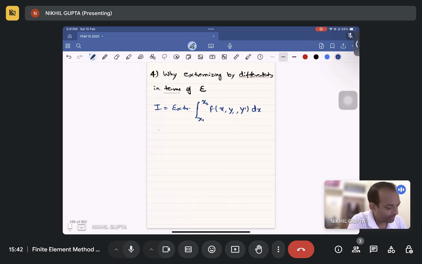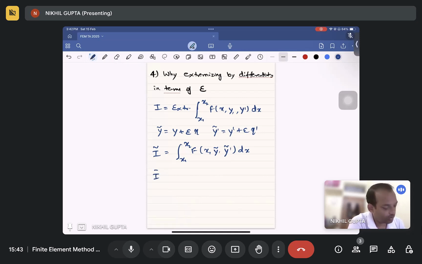Since we are taking a perturbation where y tilde is y plus epsilon eta, and y' tilde will be y' plus epsilon eta', to write I(epsilon), we write it as the integral from x1 to x2 of f(x, y tilde, y' tilde) dx. When we put in the values, it becomes the integral from x1 to x2 of f(x, y plus epsilon eta, y' plus epsilon eta') dx.